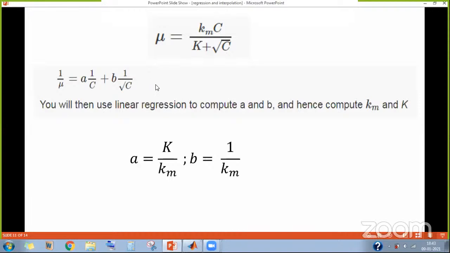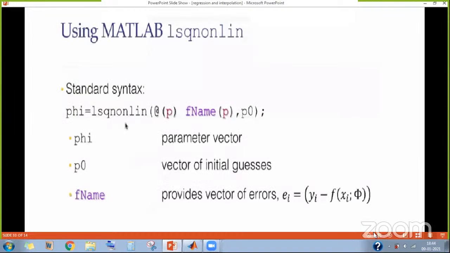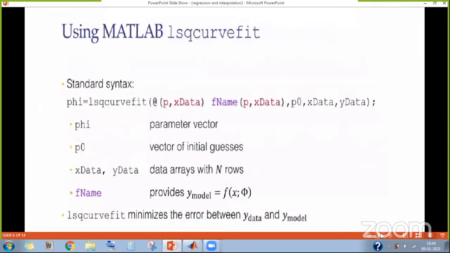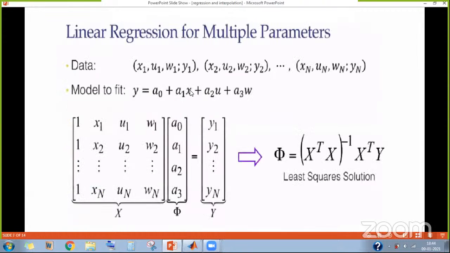And as we had seen in the problem with multiple regression, you can create a capital X matrix, which will have the elements associated with the coefficients. This is how we had created the capital X matrix. So once again we can use this expression to get a solution.